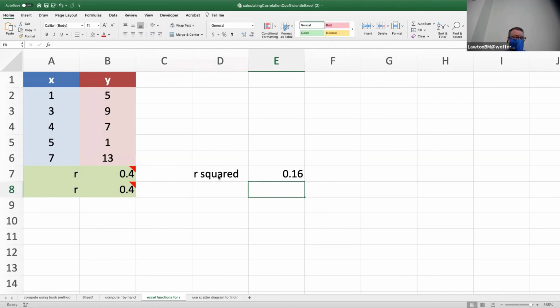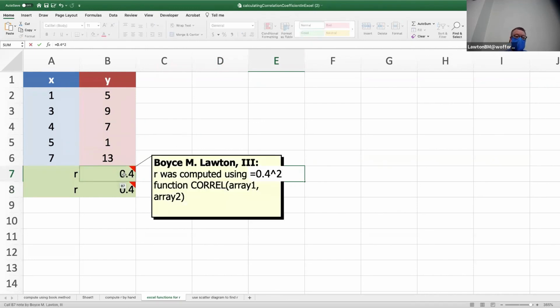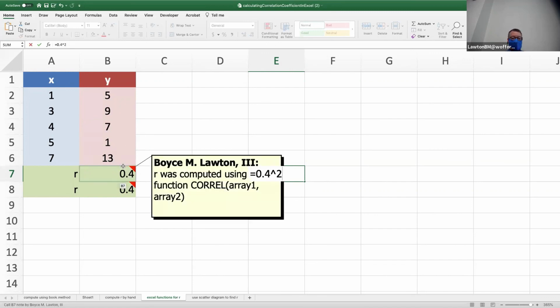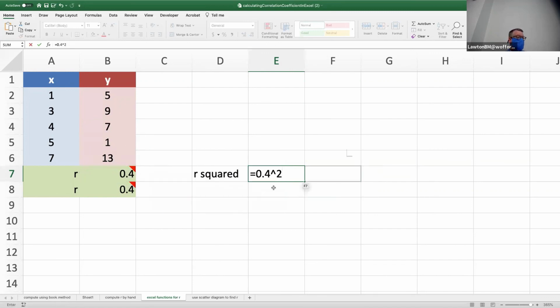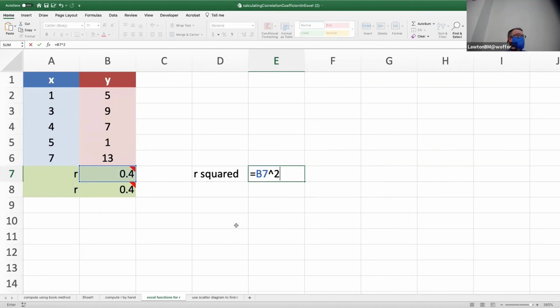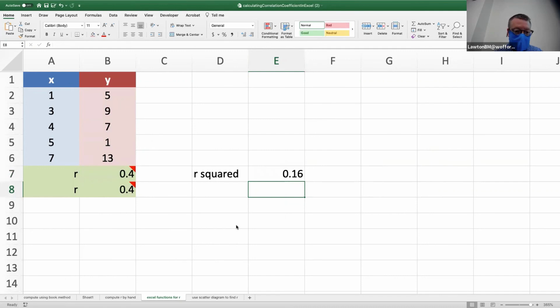What you do not want to do is type =0.4 squared, because you don't know if that goes out to 17,000 decimal places and never repeats itself. It could be 0.413964, blah, blah, blah. And when you square it, you're taking the rounded version. So never just do that. Always click on the cell and then square it. And then you're good. In this case, it was an actual 0.4, but it could go on and on and on.